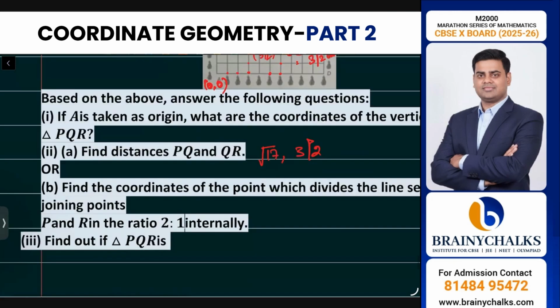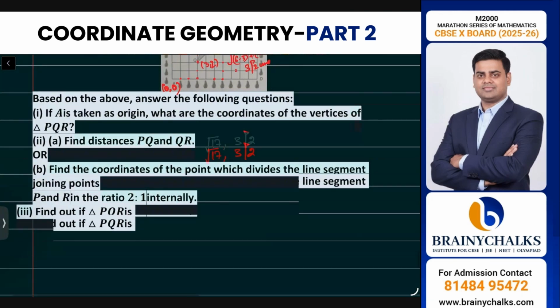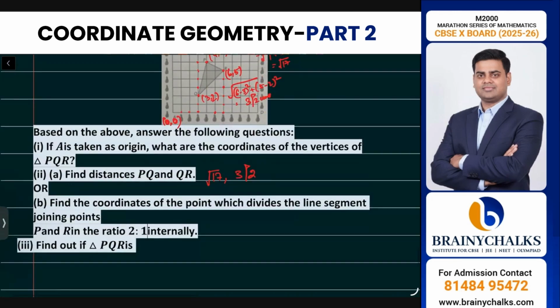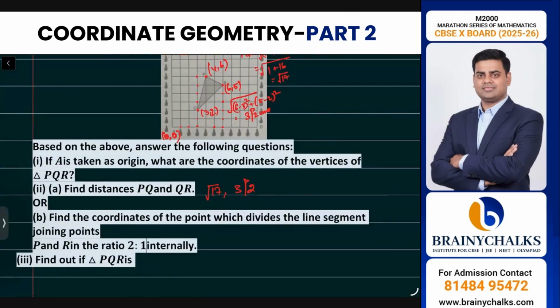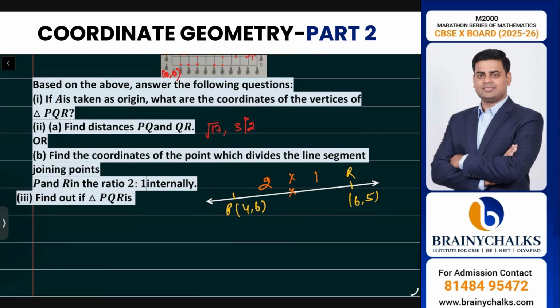Fine. Find the coordinates of the point which divides the line segment joining points P and R in the ratio 2:1. P and R are divided in the ratio 2:1. Okay, look here, there is no space there, so I will draw it here. P is a point whose coordinate is 4,6 and R is a point whose coordinate is 6,5. So there is a point, let it be X, which divides in the ratio 2:1. So let PX equal 2k and RX equal k.